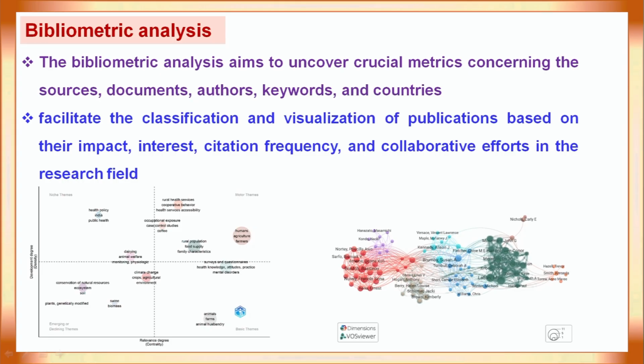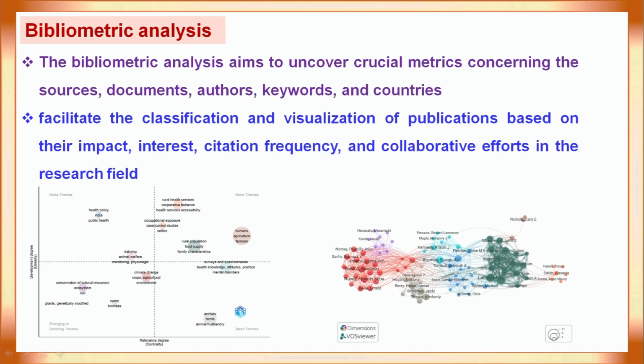Another method of reviewing of literature is the use of bibliometric tools. Bibliometrics is used for uncovering crucial metrics concerning the source, document, author, keywords, and countries where research is going on a particular topic, to identify this information in the most scientific way.